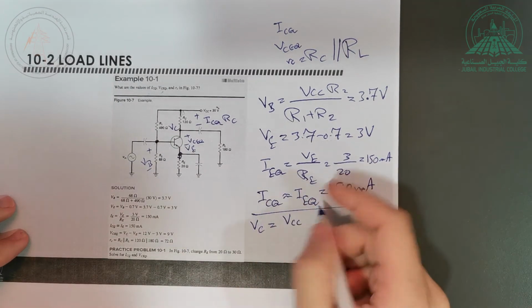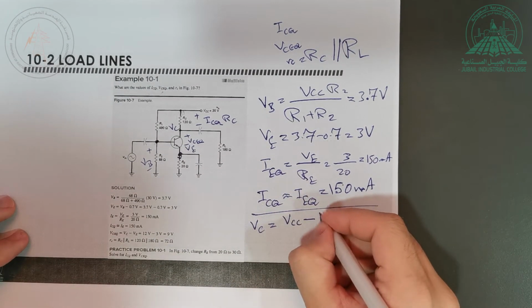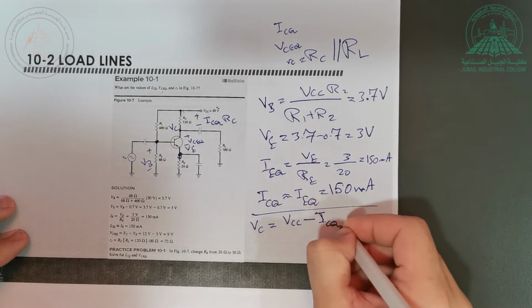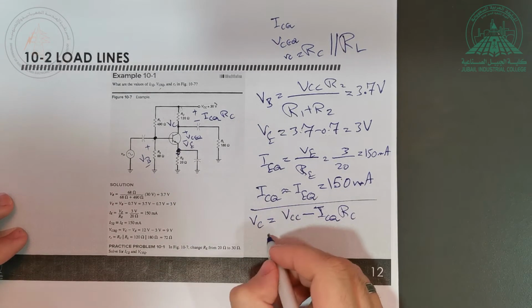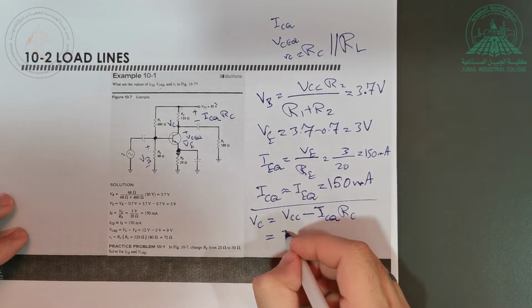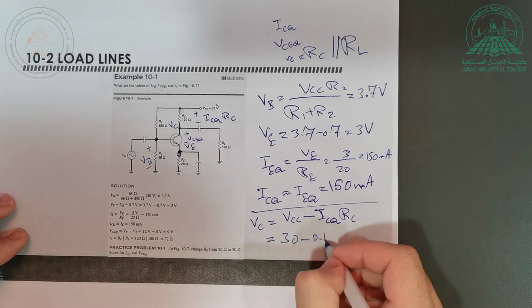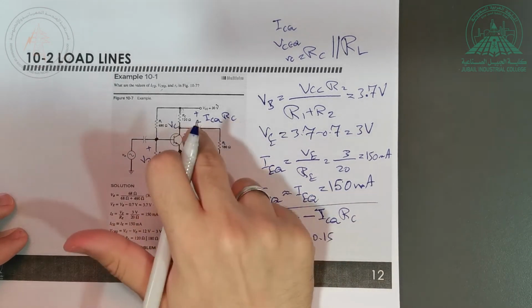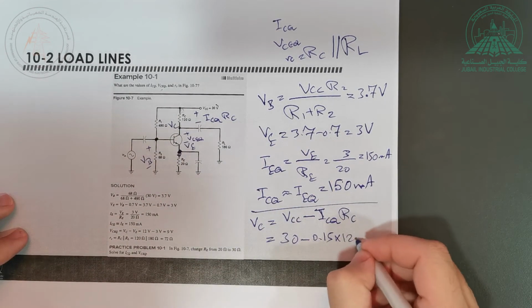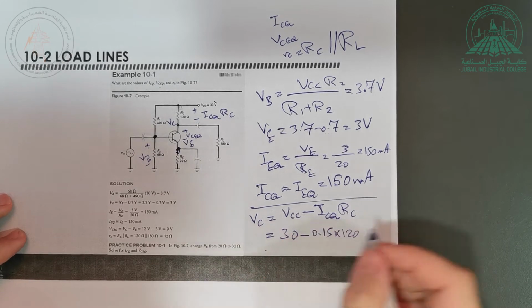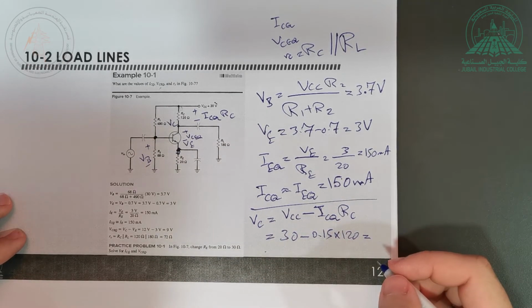So it's equal to VCC minus ICQ multiplied by RC, which is 30 minus 150 milliampere times 80. How much is this? This is 120. So VC is equal to how much?